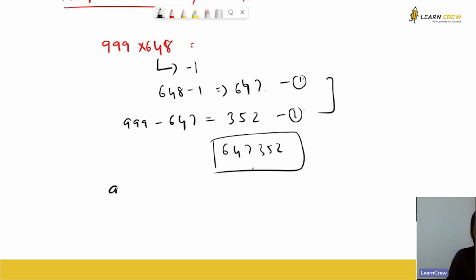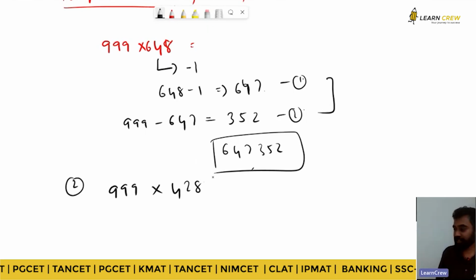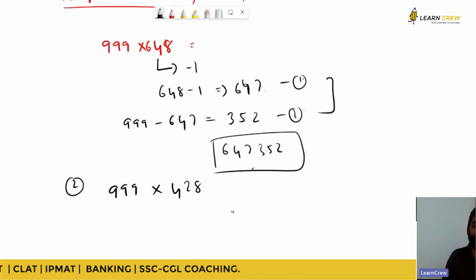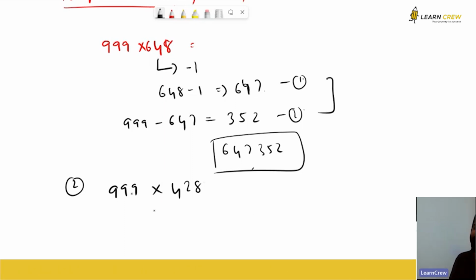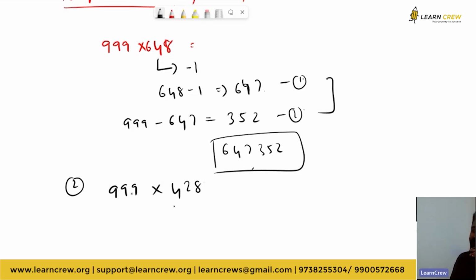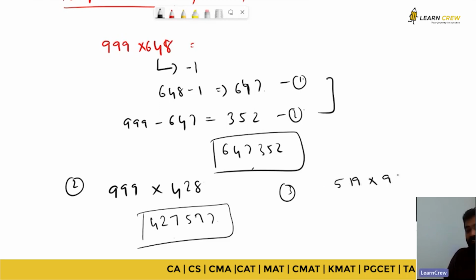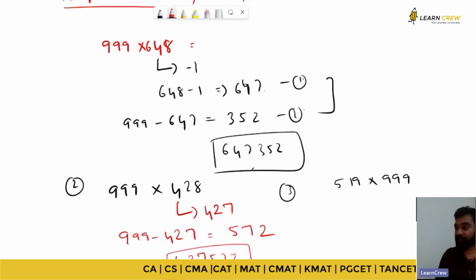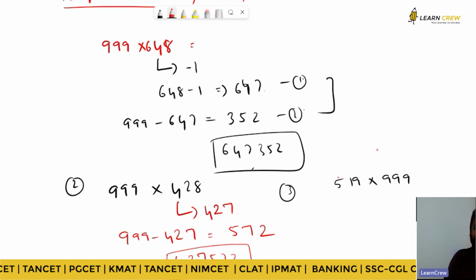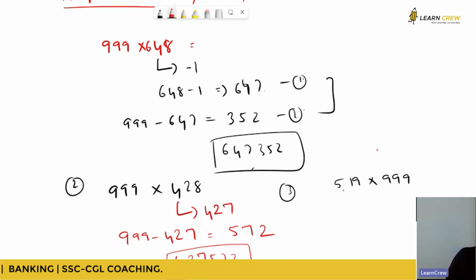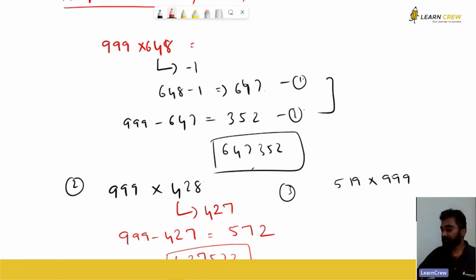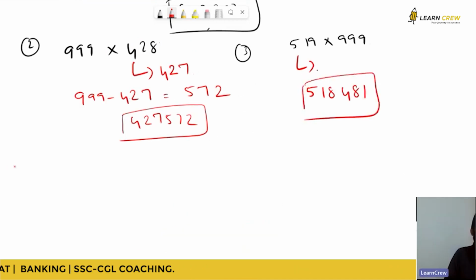Try this out. 999 into 428. Use this method and tell me the answer. Next question. 519 into 999. The answer is 518481.